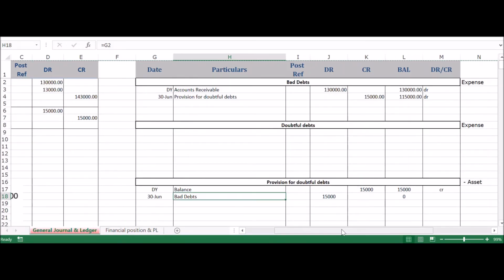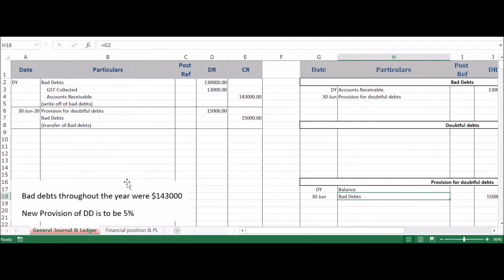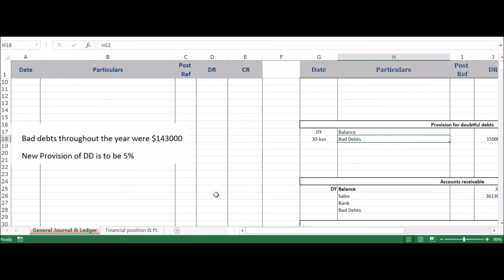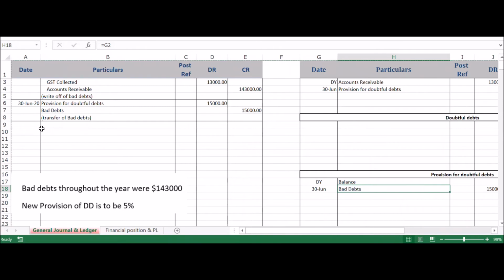I've got to do one more thing, and that's set up the new provision, which is to be 5%. I didn't finish that off. The accounts receivable balance, which is 215,000. Okay, so simply put, 30th of June still.